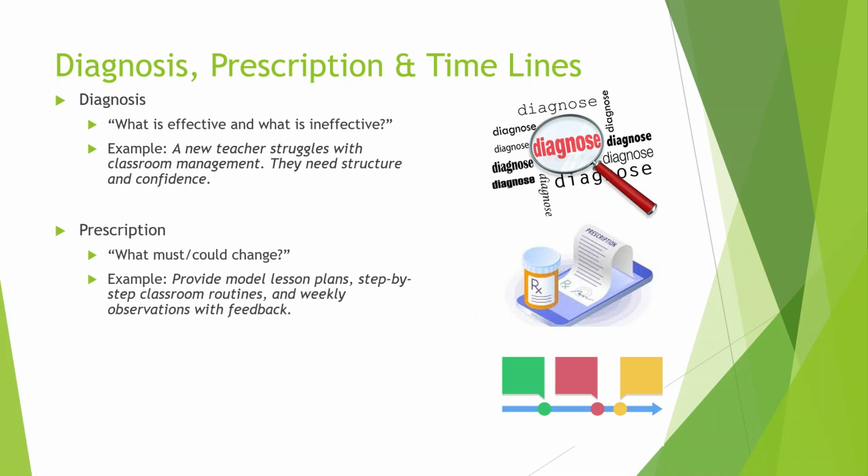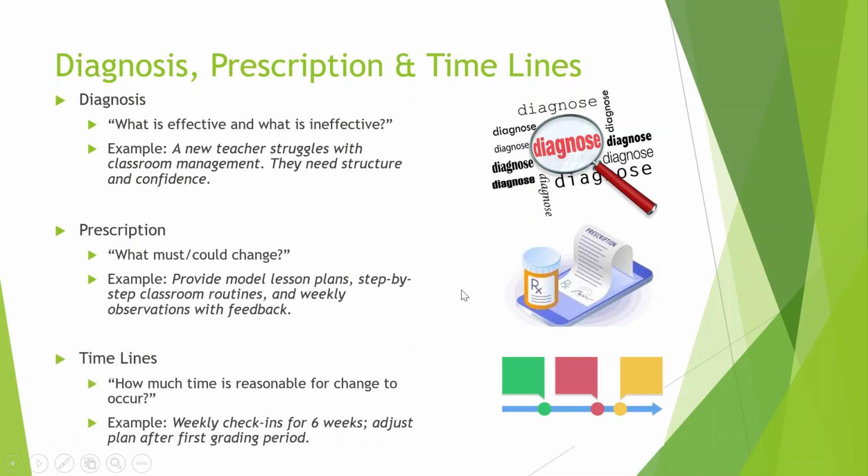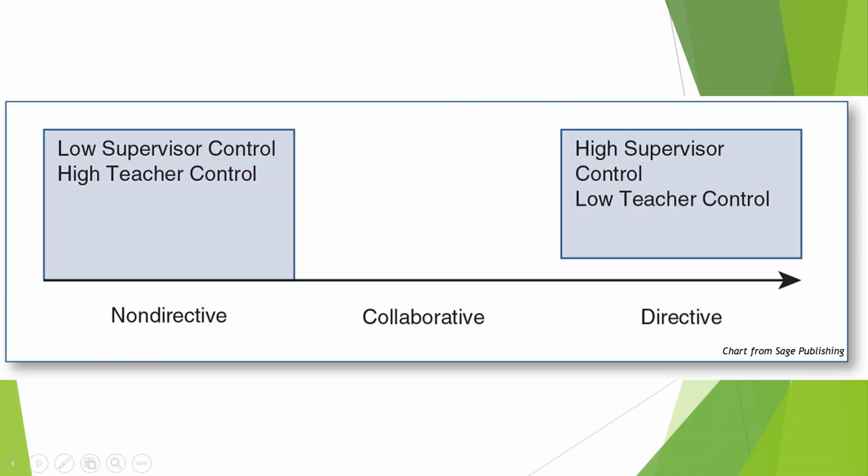And that kind of takes us into the last step here, which is timelines. How can we arrange timelines? How much time is reasonable for change to occur? And an example of that would be, hey, let's have a weekly check-in for 6 weeks. We'll adjust our plan after that first grading period. Now, if we take the diagnosis, prescription, and timelines and we go to the next slide, we'll notice that these fall back in line with our supervision styles.